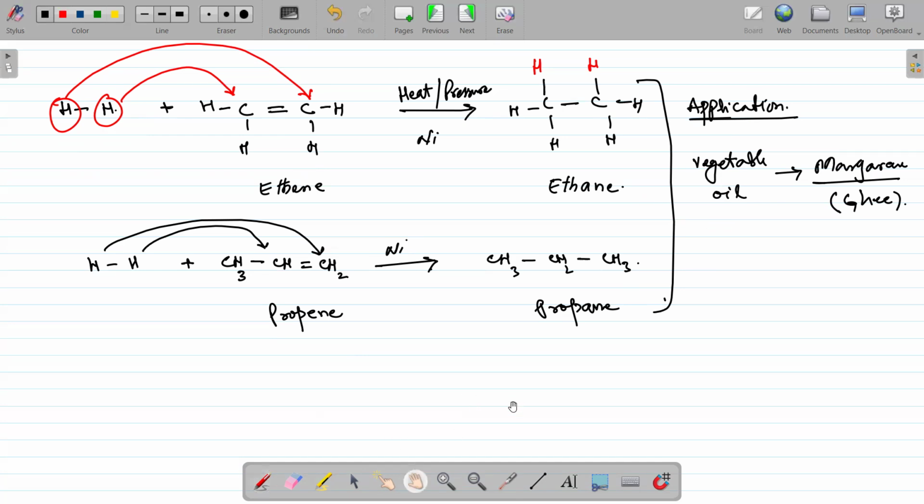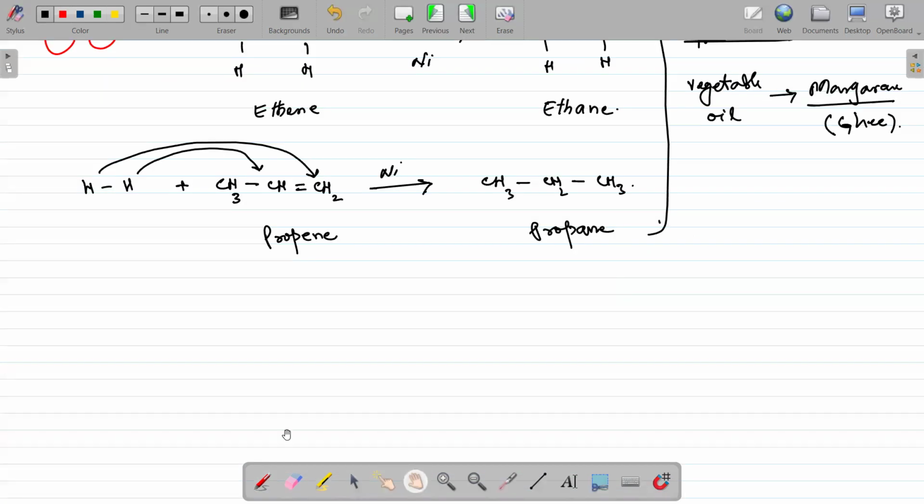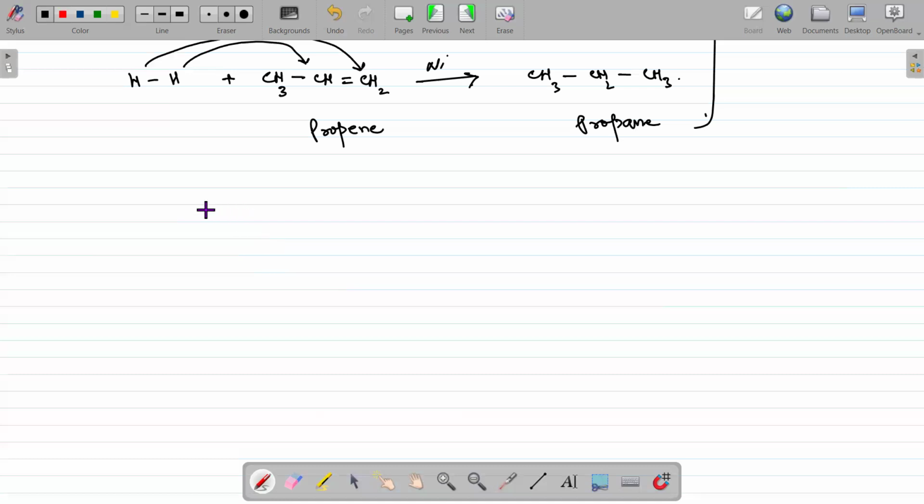Now the same type of reaction, let's try the addition of another molecule. Let's say I have ethene with a double bond and I want to add, let's say, chlorine on it. So Cl2. So what happens? As we did in case of hydrogen, same.